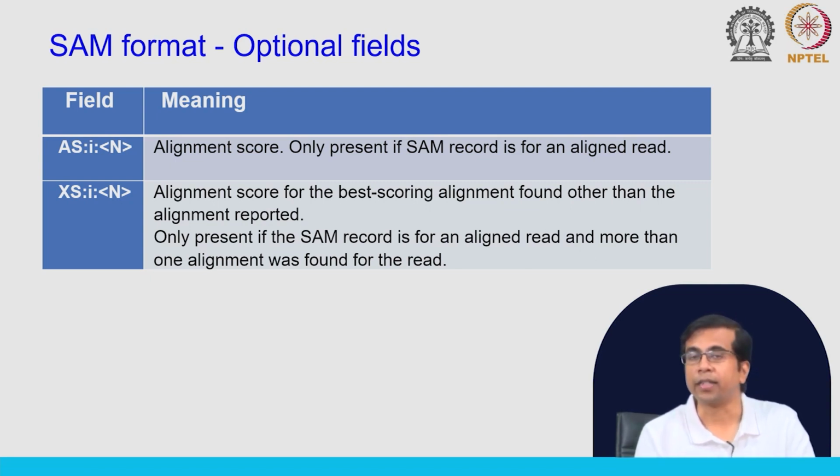But sometimes reads can map to multiple positions. So, that is why you get these alternate alignment scores, or these are the secondary alignments that are reported. And this will be given when you have more than one alignment for the read in the reference sequence. So, this is something we may have to be careful about when we are processing this SAM file. We may have to carefully check whether there is an alternate alignment, whether the reads are mapping to multiple positions in the genome, because that can also influence some of the downstream analysis.